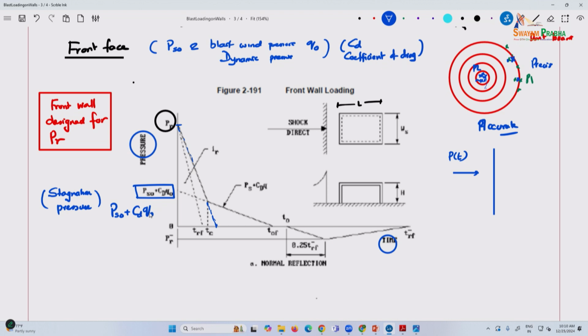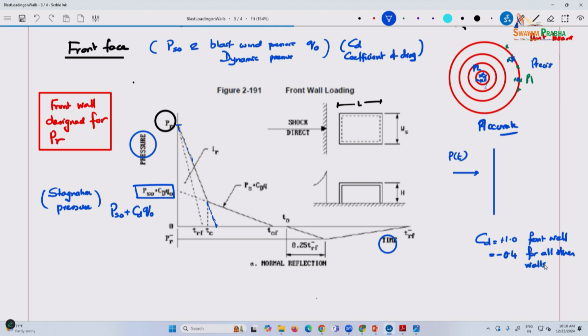The coefficient of drag is taken to be 1.0 for the front wall, then minus 0.4 for all other walls, because here it is directly impacting the front, so it is positive into the surface.